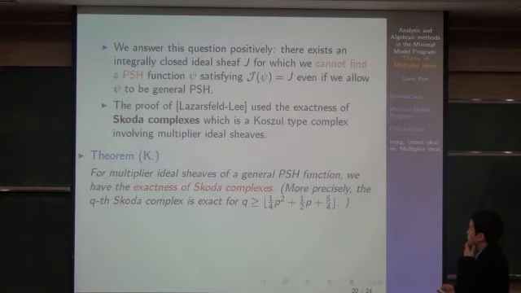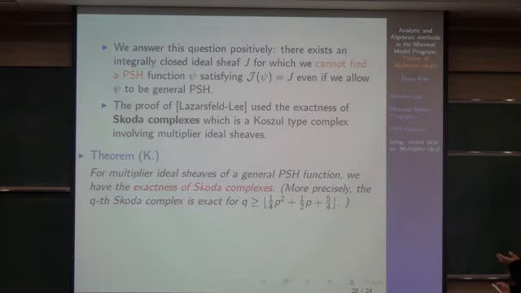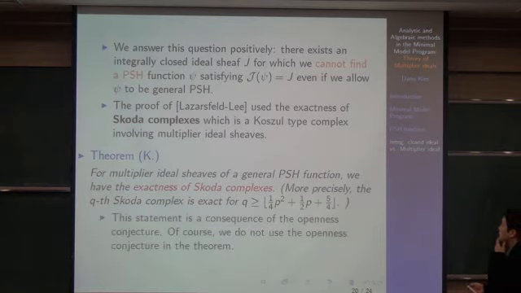In the next slide we will define what a Skoda complex is. Ein and Lazarsfeld first defined this Skoda complex, and they proved that it is exact. We prove the exactness for the Qth Skoda complex, where Q is at least this number. What Q and P are will appear in the next slide.